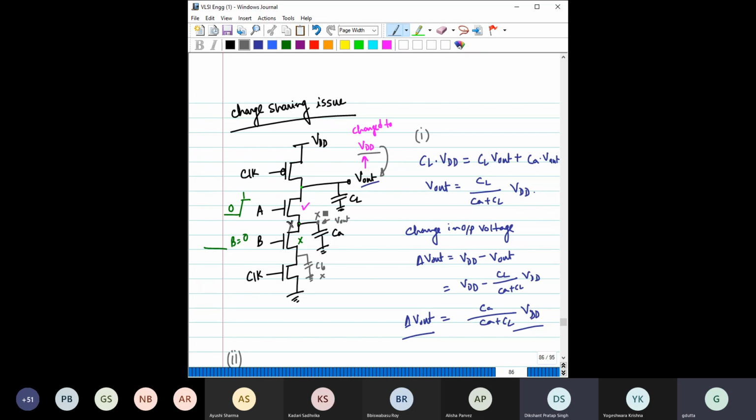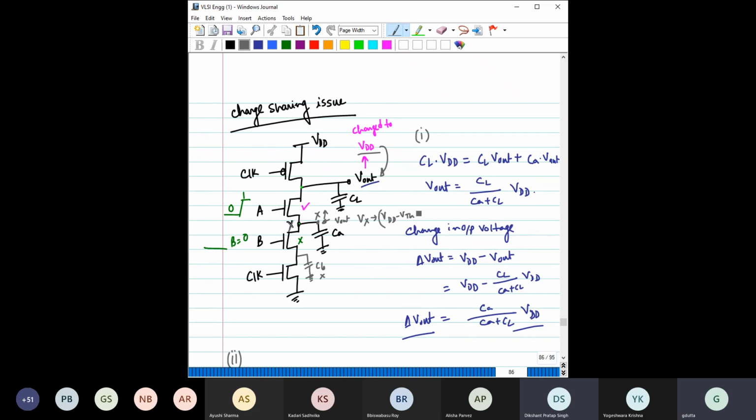So the node X will rise very fast if CA is low. At some point in time, this potential Vx will reach VDD minus the threshold voltage of this transistor.